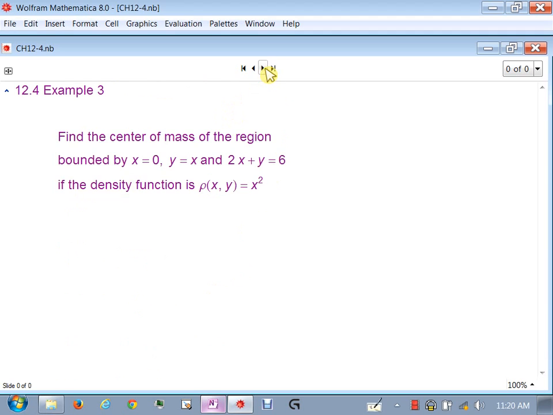All right, well, I think there's probably an example now. So I'm going to do a lot of this on Mathematica. I'm just going to really set up the integrals.